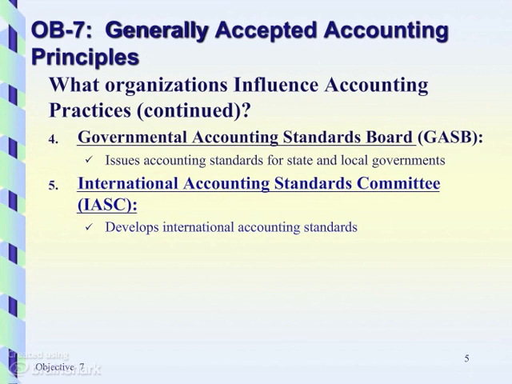This group develops international accounting standards. It is also working very closely with FASB and GASB to ensure that organizations are handling emerging issues in similar fashions across the different countries, so that as businesses and investors are looking to do business around the world, we can try to understand things in a similar fashion.